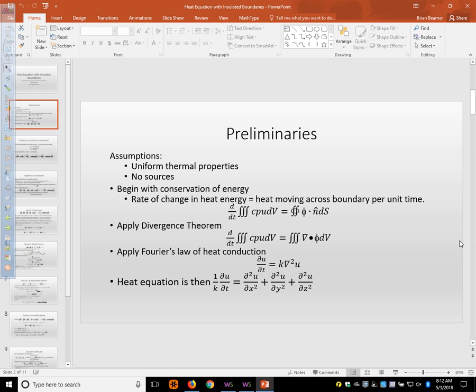We're doing the triple integral of the rate of change of the temperature per unit volume equals the outward flow of the heat through the surface, and we apply the divergence theorem. And the del dot phi gives us our nice partial differential equation, because it varies with respect to time, with respect to x, with respect to y, and with respect to z.